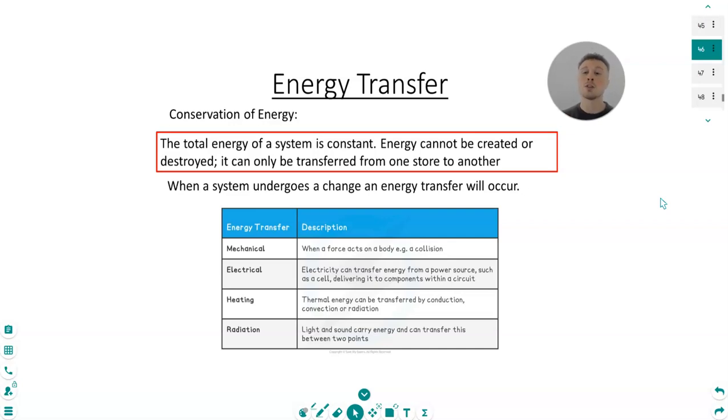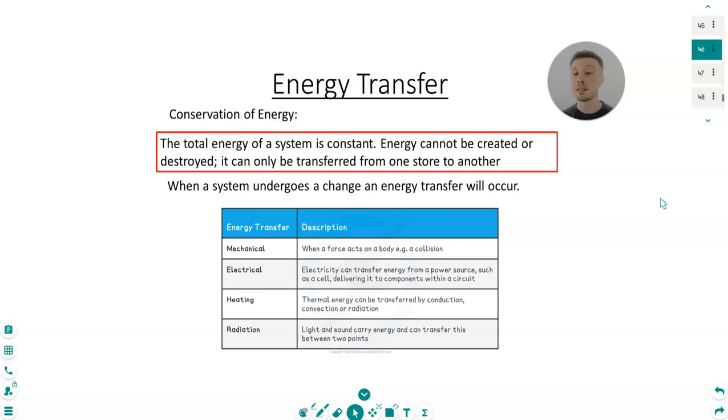We have mechanical. This is a movement transfer when there's a collision of 2 cars or you're applying force to a shopping trolley, for example. That's a mechanical energy transfer. Electrical. This is from one of our power sources. So again, we're looking at a battery or a cell within a circuit. This is an electrical energy transfer that's providing power to components within the circuit.